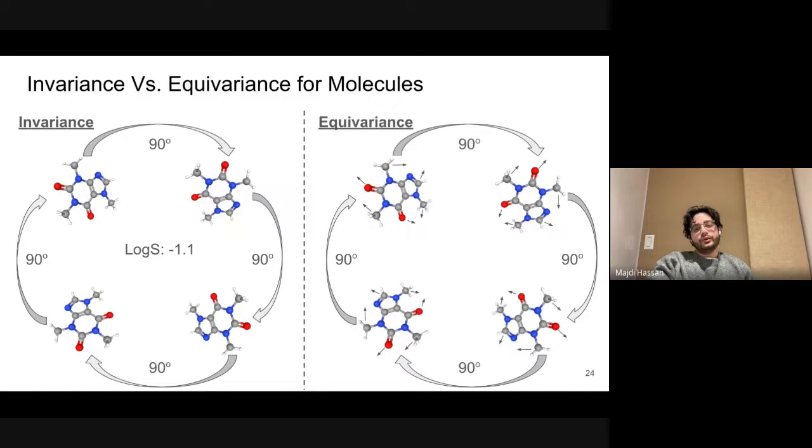Actually, let me say this: why do we need this, right? So think about the case of property prediction. When we rotate a molecule, if we don't have this invariance baked into the model, what we're going to have to do is augment the data by rotating each molecule a set number of times, and do this for every molecule.